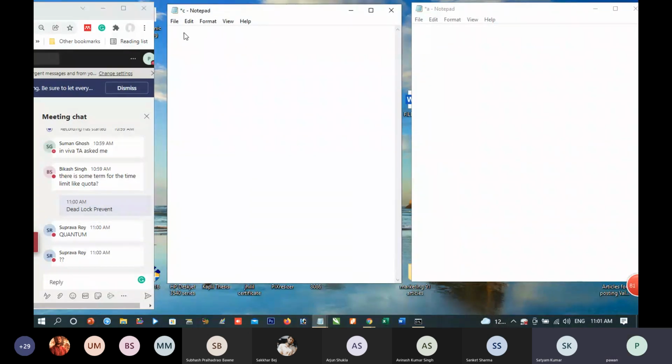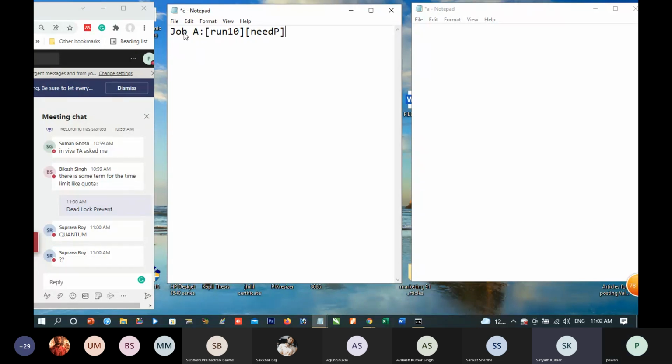Suppose there is a job A. Job A needs a run of 10. Afterwards, it needs a resource P. For example, when a program is under execution, it may need a printer in between.